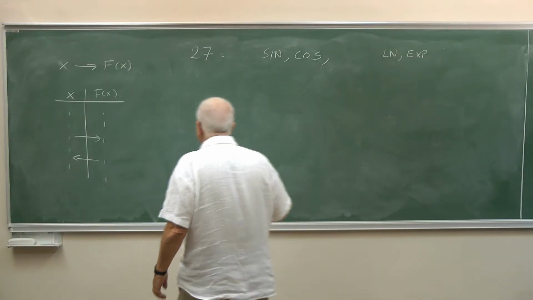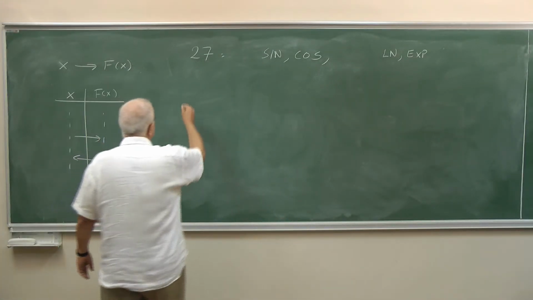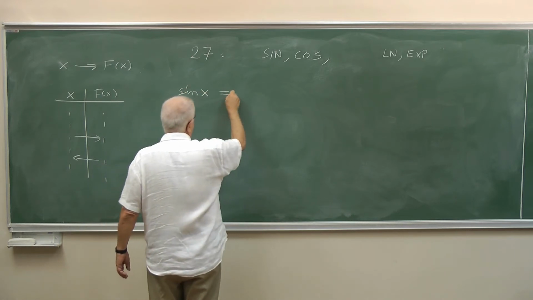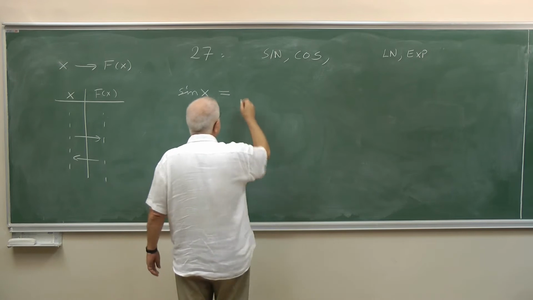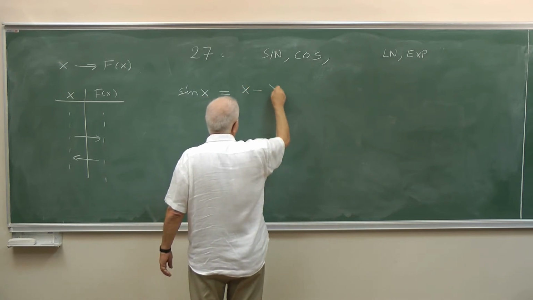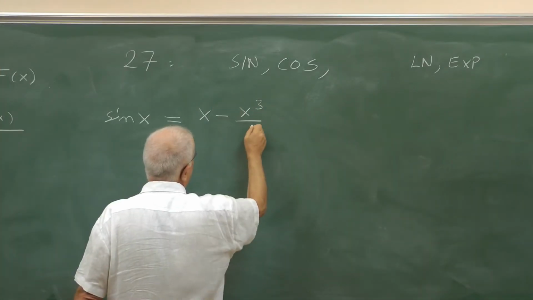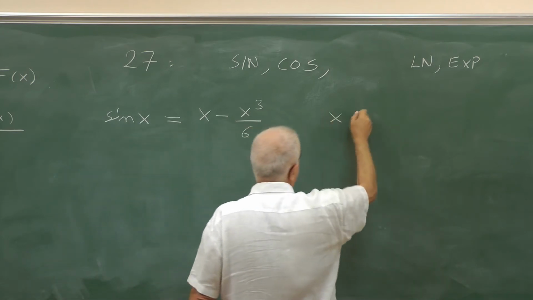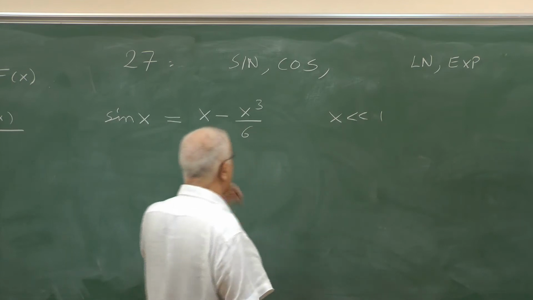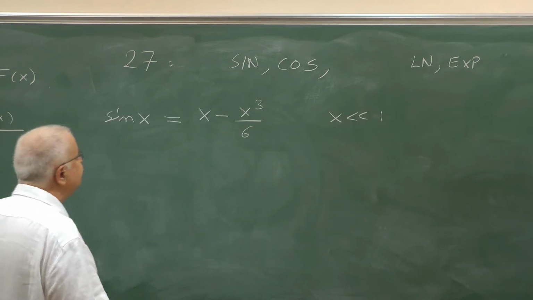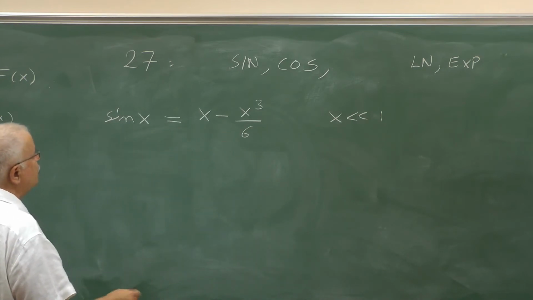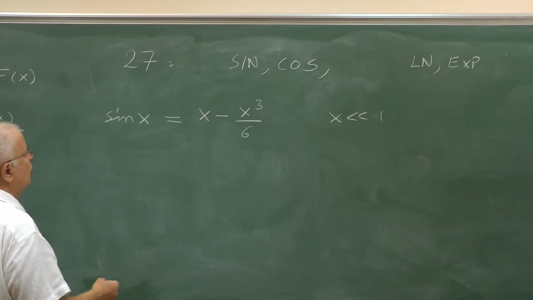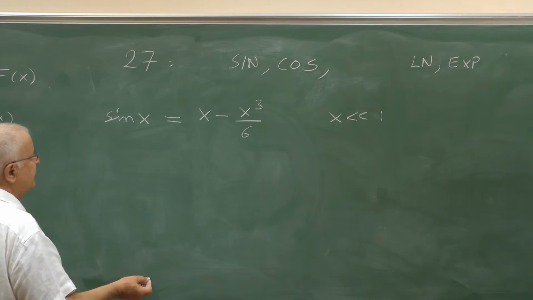Now we saw that sine x for small values of x was x minus x cubed over 3 factorial, which is 6, with x somewhat small in radian measure. So if x is really, really small, sine x and x are the same thing.